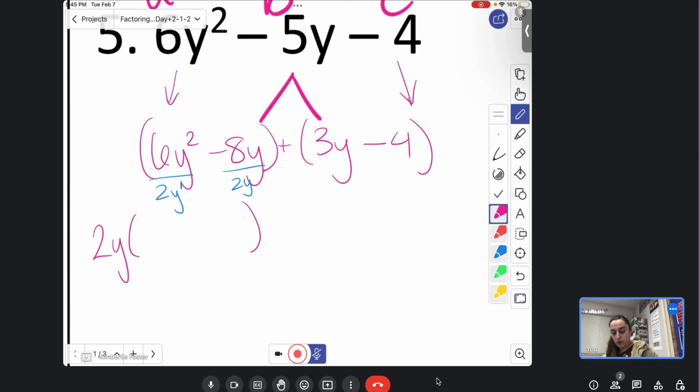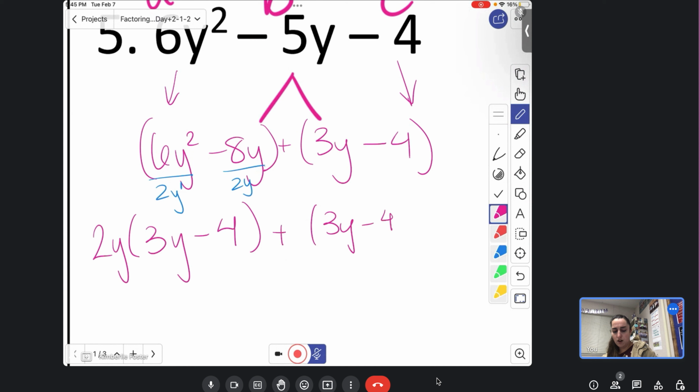So 6 over 2 is 3. y squared over y to the 1 is just y. Dividing over here, -8 over 2 is -4. All right, and y over y is 1. Let me fix that 4, it looks ugly. 4.